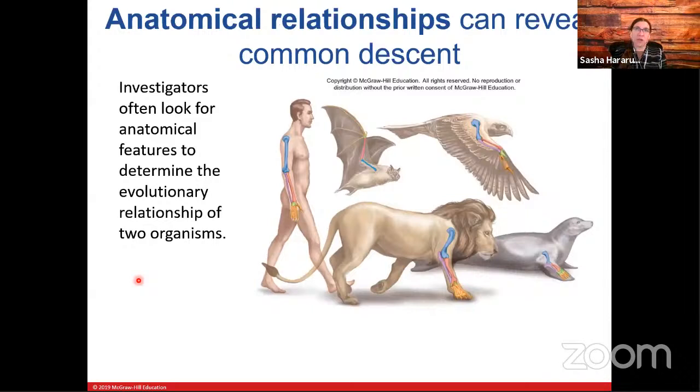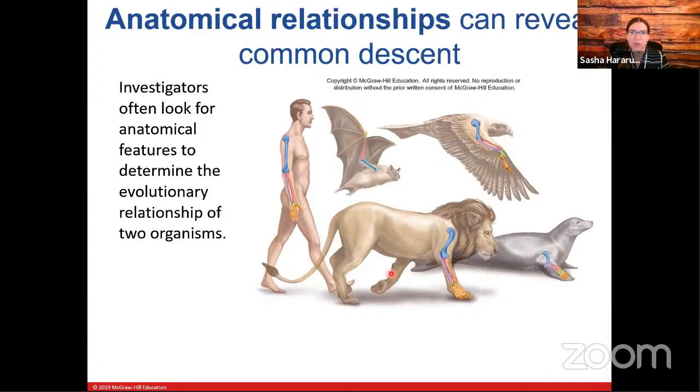Once we look at the fossils and at the live species as well, we look at anatomical relationships between various species, because these anatomical relationships can reveal common descent. In the figure here, some bones have the same colors in a human, a bat, this bird here, a lion, and a seal.